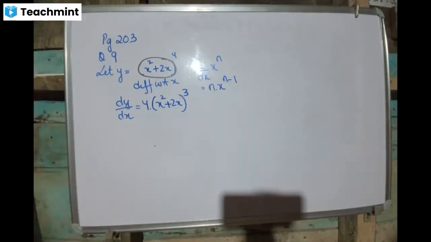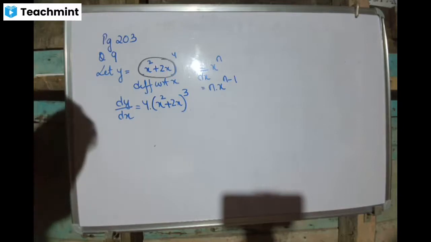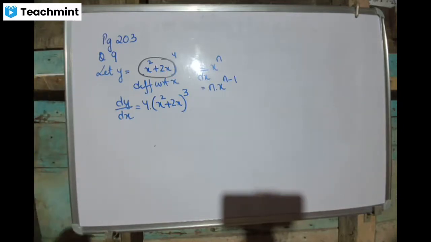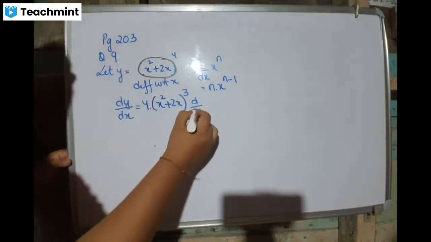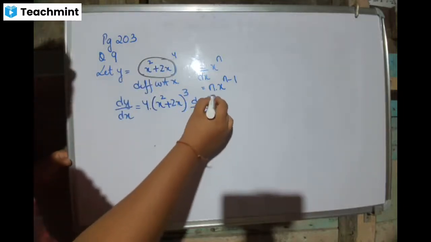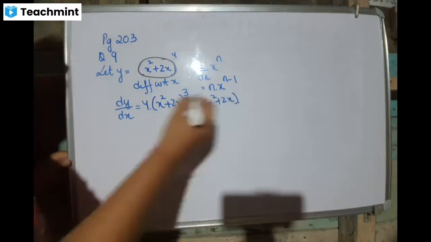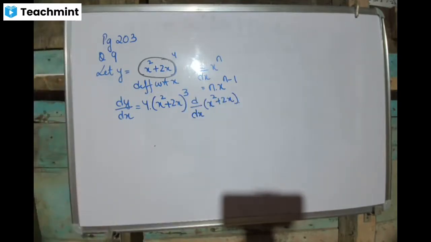But since this is a composite function, the part which you have assumed as x has to be differentiated one more time. That means this is the part which we have assumed as x. So you are going to get d by dx of x square plus 2x. So this is how you differentiate a composite function.